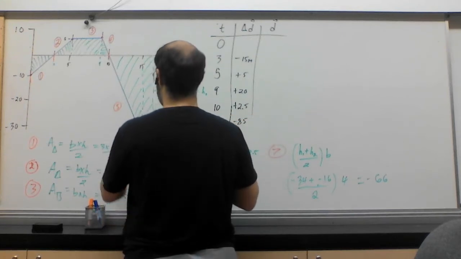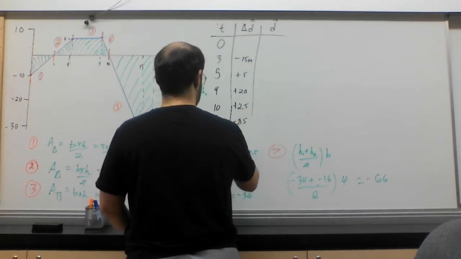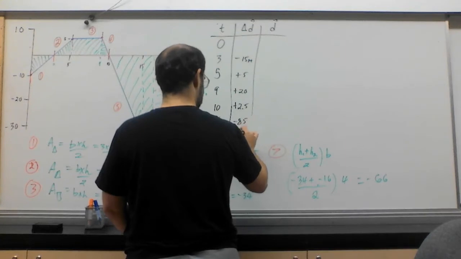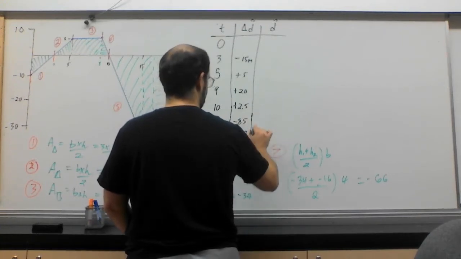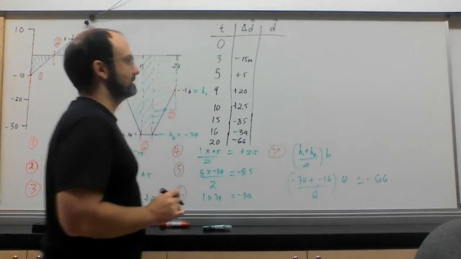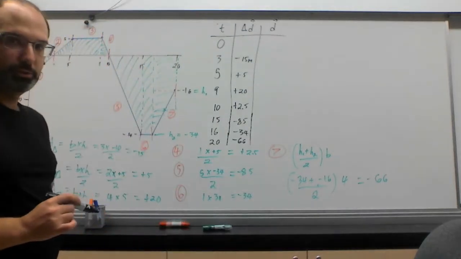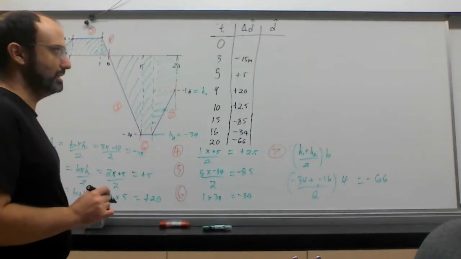At time 16, we had negative 34. And the very last one at time 20, I just squeeze it in there, we got negative 66. So those are all the displacements that I got. Now, in order to do this question, we need to know where we started.